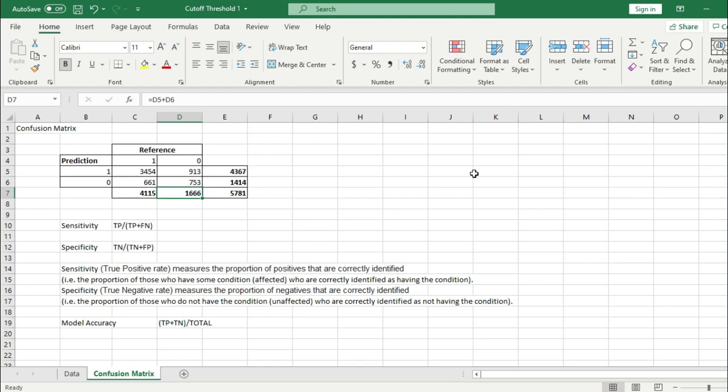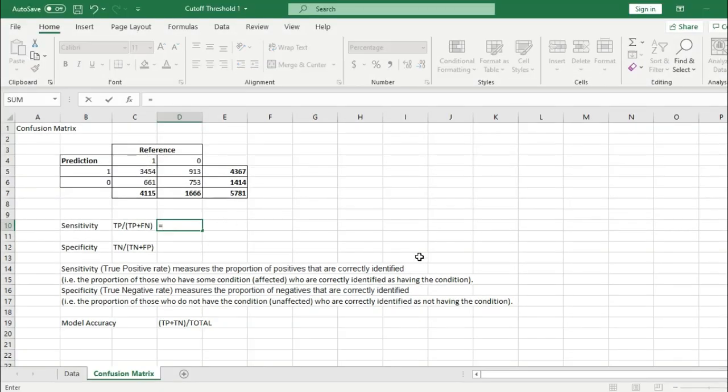Let's explain these metrics. The first one is the sensitivity, or the true positive rate. This metric measures the proportion of positives that are correctly identified, namely the proportion of those who have some condition who are correctly identified as having the condition. So let's compute the sensitivity. That will be the true positives divided by the sum of the true positives plus the false negative.